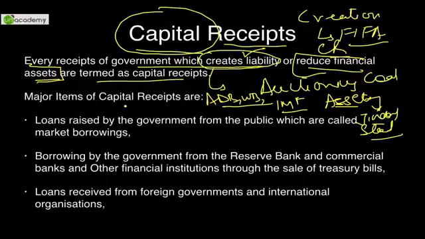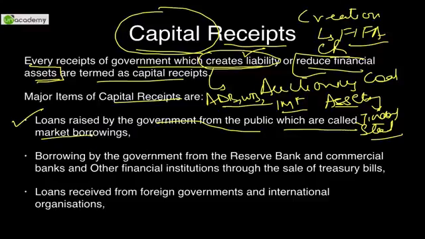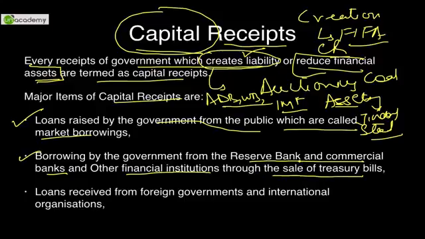So what forms the major items of capital receipts? First is loans raised by the government from the public, which are called market borrowings. Second is borrowings by the government from the Reserve Bank, commercial banks and other financial institutions through the sale of T-bills or treasury bills, something that I will discuss in upcoming lectures.